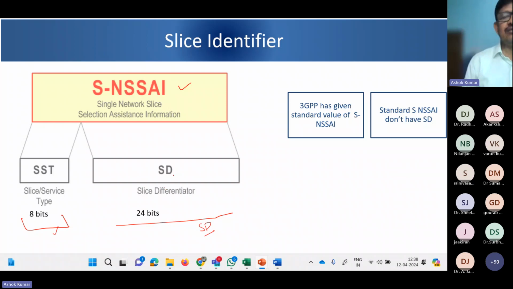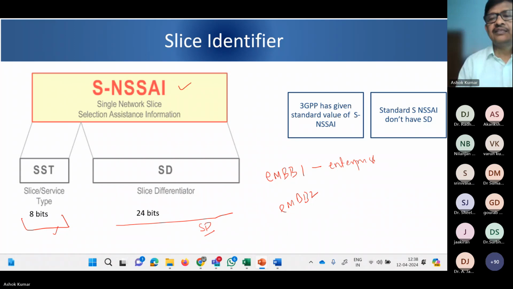So when is this SD required? It is required when you have two slices of the same type. Suppose I have an eMBB type slice 1 and I have an eMBB type slice 2. This may be for, say, enterprise users, and this may be for general users.